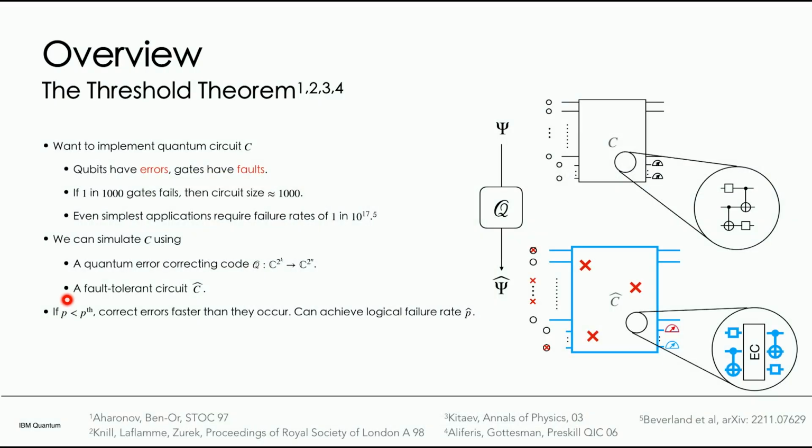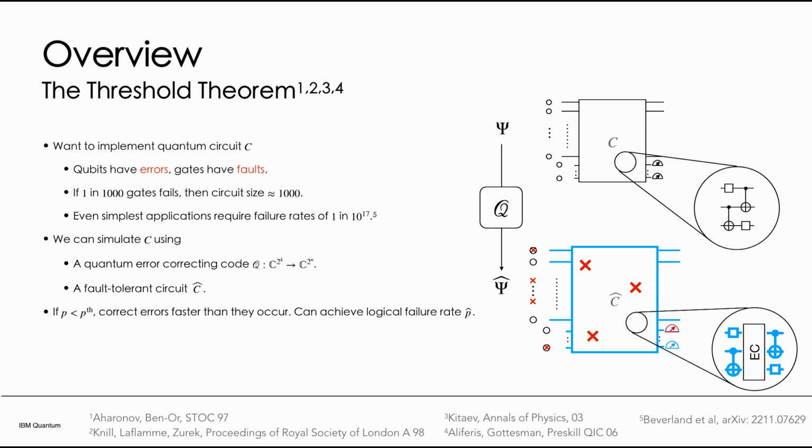And the threshold theorem gets its name because you can show that using a quantum error correcting code, there exists this magic number called the threshold. If each of the gates that form the circuit, and also the input qubits, fail at a rate below the threshold, then you can perform error correction and correct errors faster than they appear.